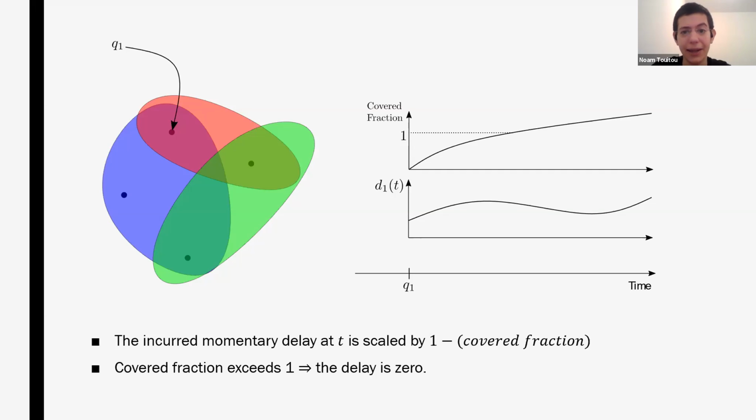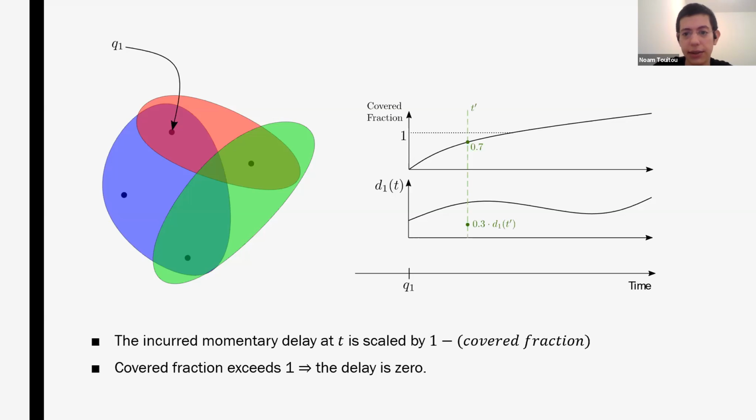As for the delay, we can see here the request Q1, its delay function, and its covered fraction. The covered fraction of the request starts off as 0 and grows toward 1 as time advances, and then at some point surpasses 1, at which point the request is considered served. The incurred momentary delay at any point in time t is scaled by 1 minus the covered fraction.